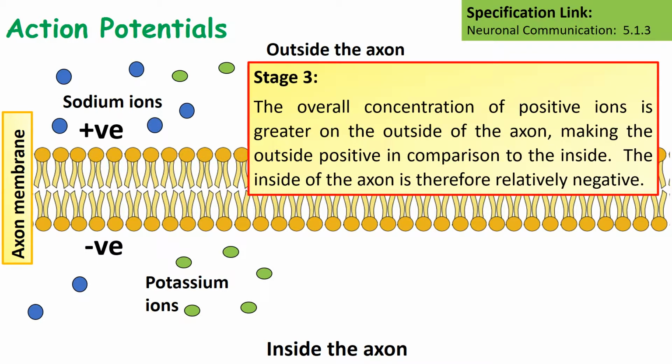Overall, the concentration of positive ions is greater on the outside of the axon, making the outside positive in comparison to the inside. The inside of the axon is therefore relatively negative.